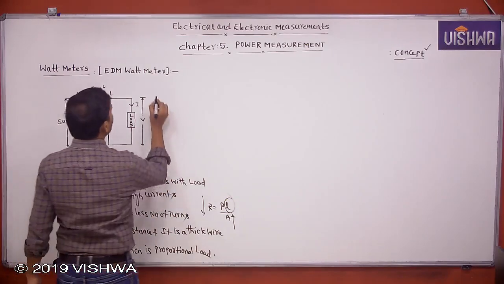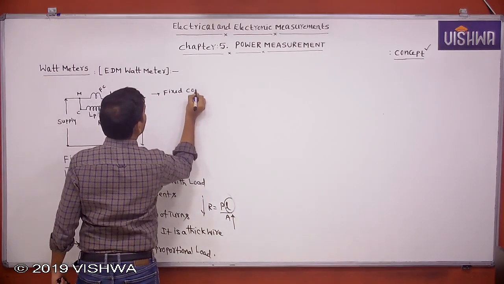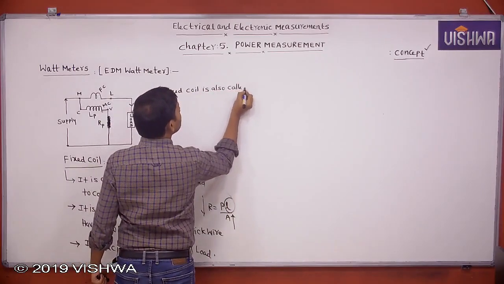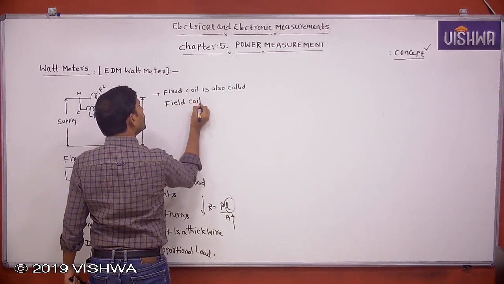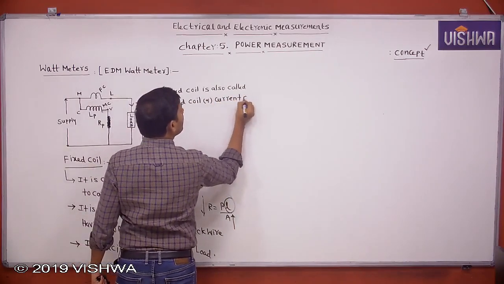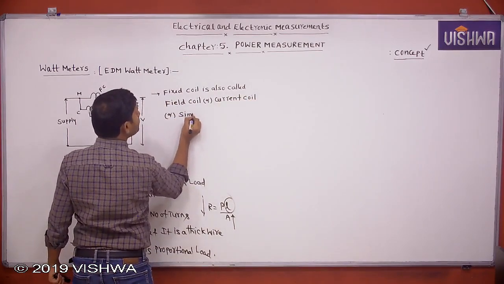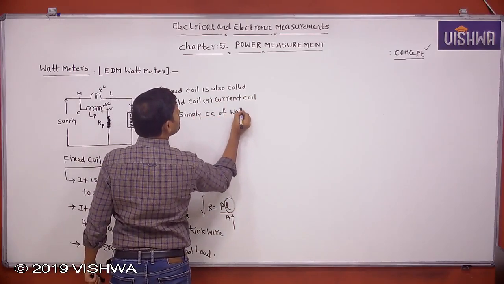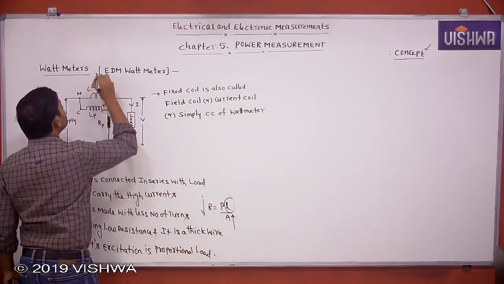One more point to remember, the fixed coil is also called by different names: field coil, or current coil, or simply CC of wattmeter, current coil of wattmeter.